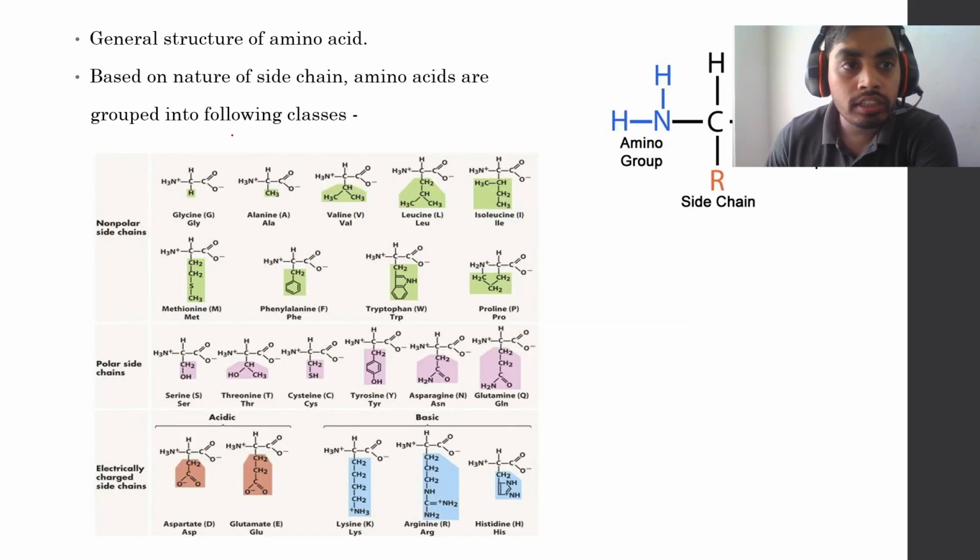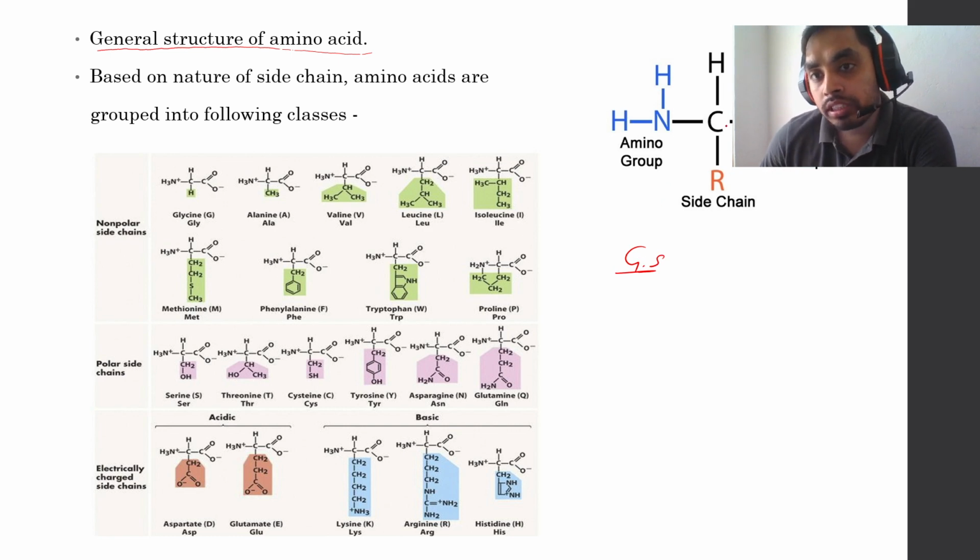Now let's talk about the chemistry of amino acids. First we will discuss the general structure of an amino acid. Amino acids consist of a central carbon to which one carboxyl group and one amine group are attached, along with one hydrogen and R. R is the side chain, or we can also call it the variable group.